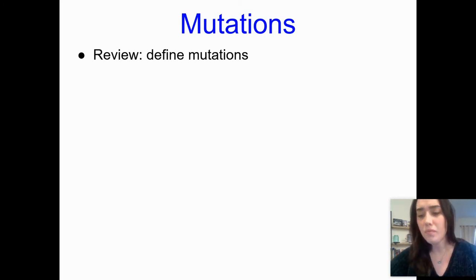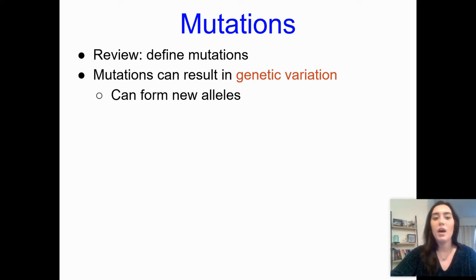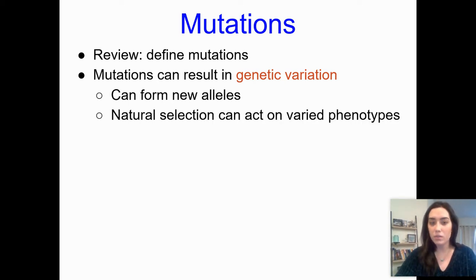So as a review, we've talked about mutations in class before, but mutations can result in genetic variation. It's actually the top reason we have genetic variation, along with crossing over during meiosis, like we've talked about in class. And it can form new alleles.